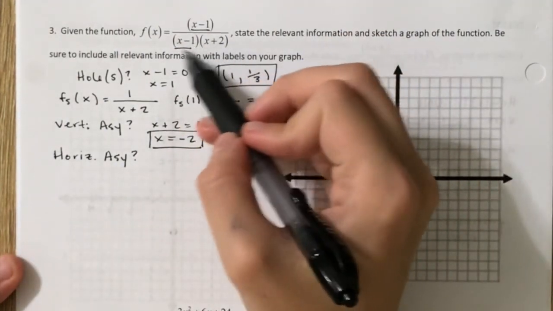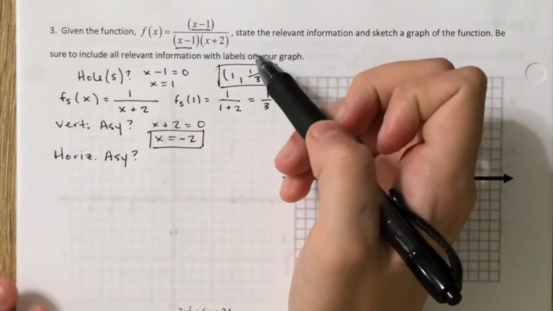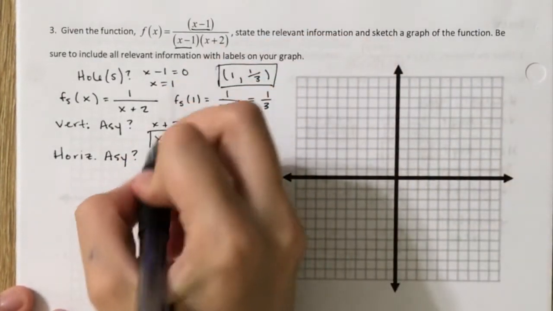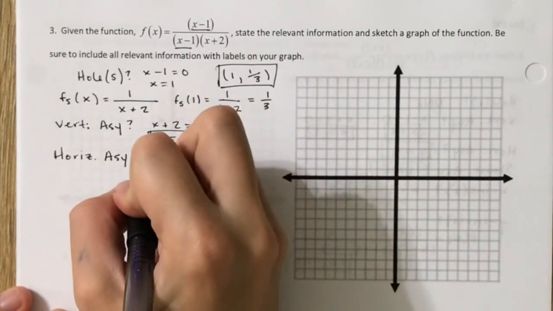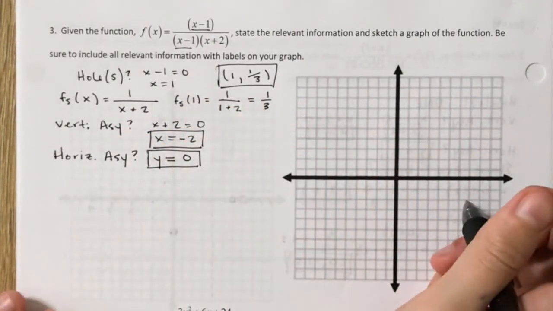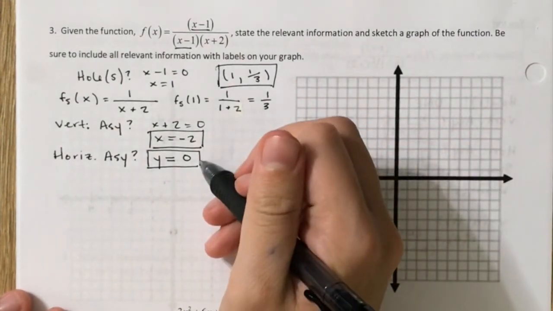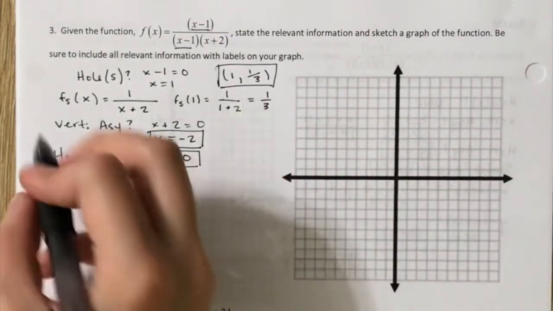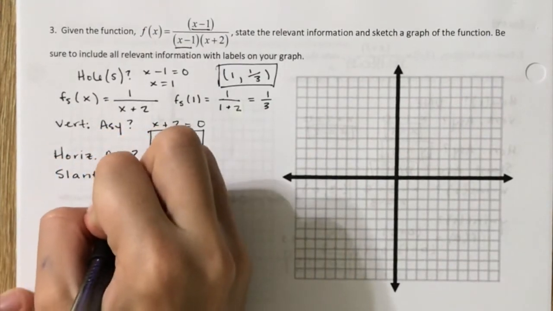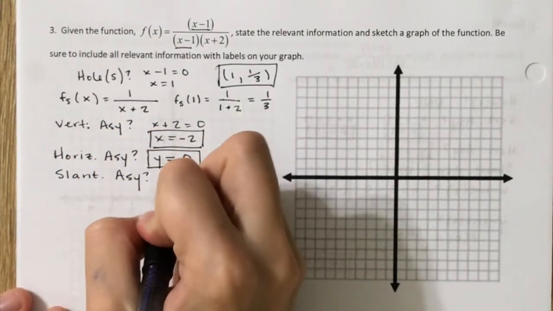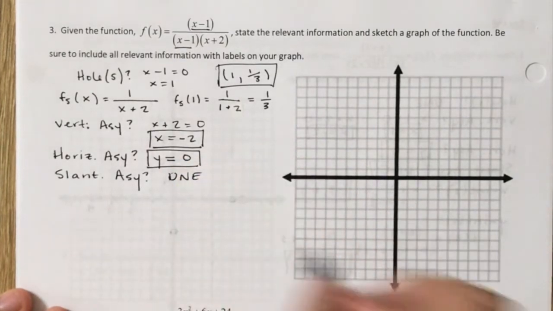We're going to be trying to fit an x squared term into an x term, and it's not going to work. So that means we have a horizontal asymptote of y equals 0. Since we have a horizontal asymptote, we don't have a slant asymptote because we can only have one. So DNE.